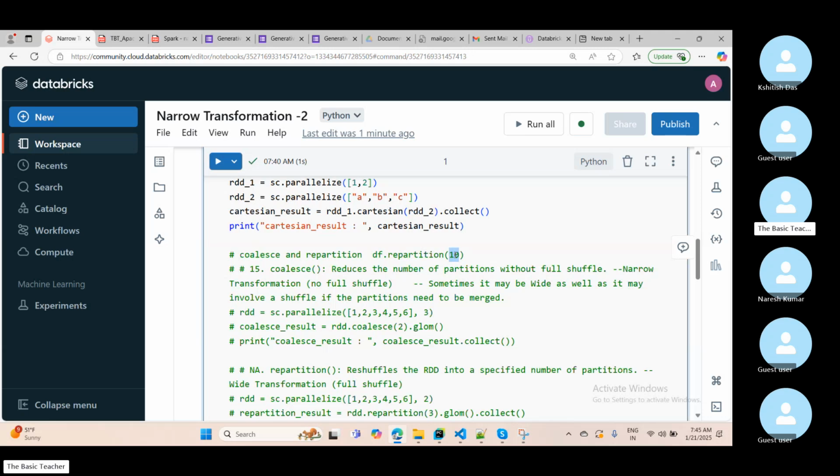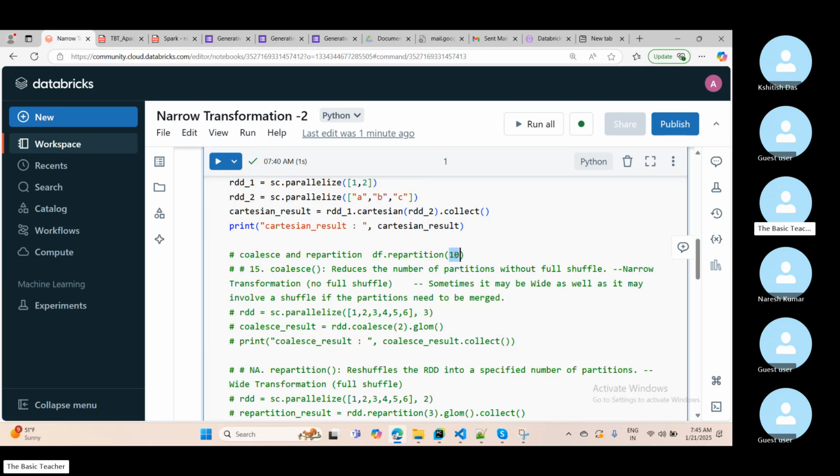Internally, it is designed so that it takes the nearby partitions and puts the data together. It does not care whether the data is distributed evenly across the nodes; someone has more, someone has less. Because of that, coalesce is kind of lightweight compared with repartition. So when both can be used to increase the partitions and both can be used to decrease the partitions, which one should we use when?